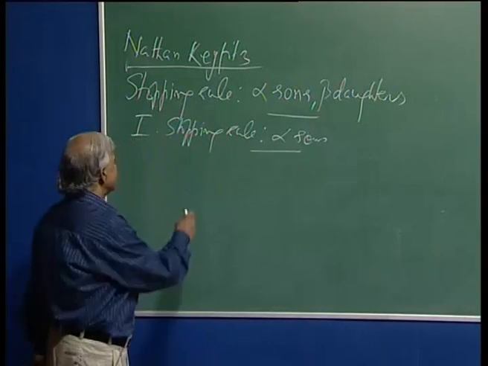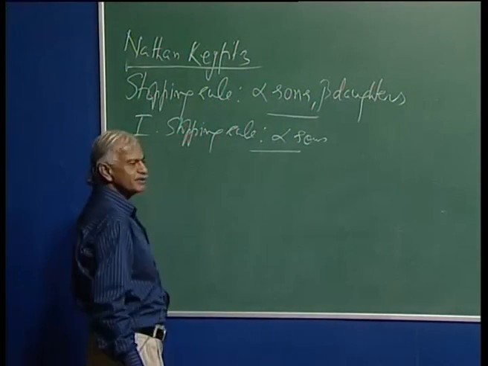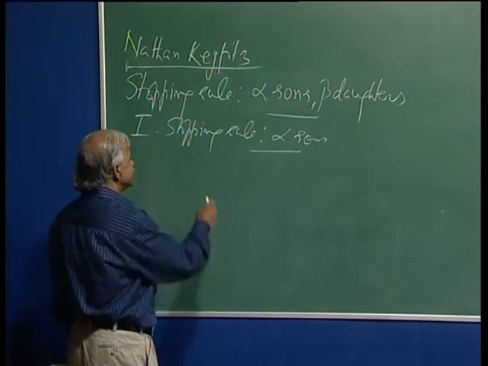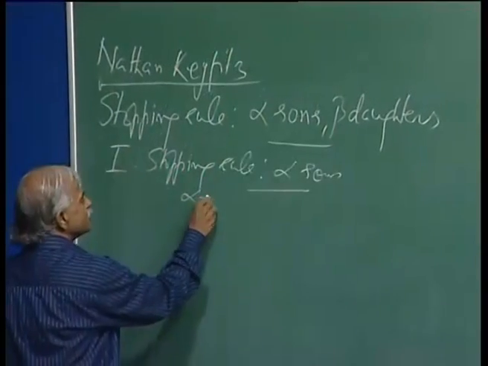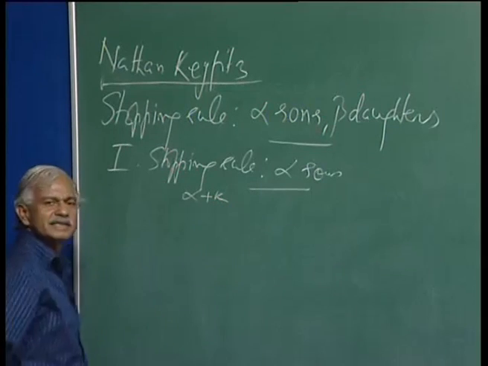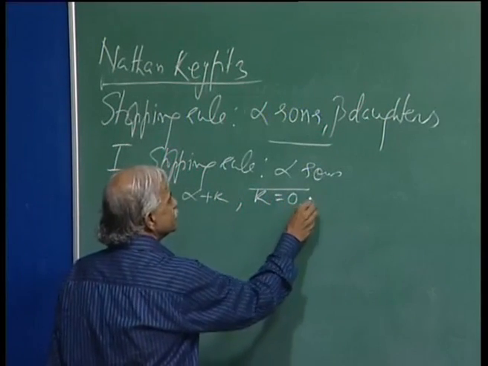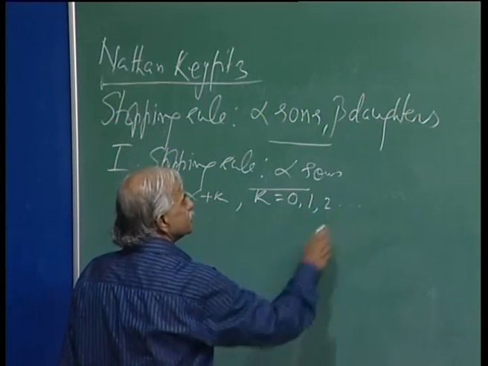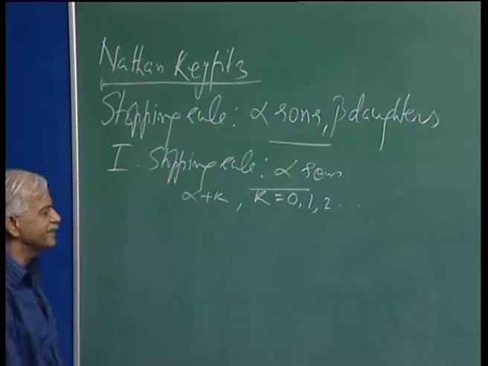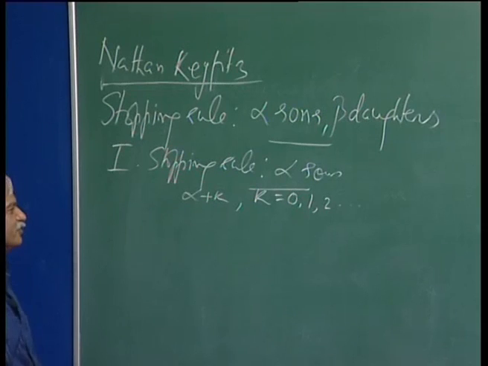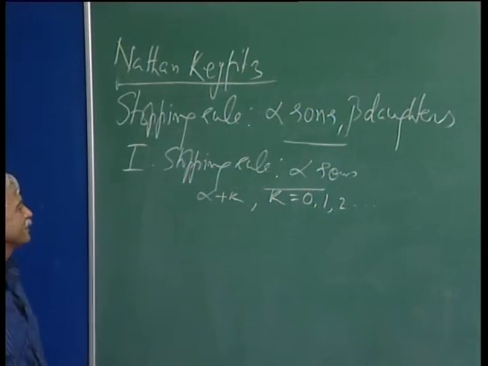Very simple. Now, if the stopping rule is alpha sons, then obviously couples are going to produce alpha plus k children. k goes from 0 to theoretically infinite, but it cannot be infinite, maybe 4, 5, 6 something.